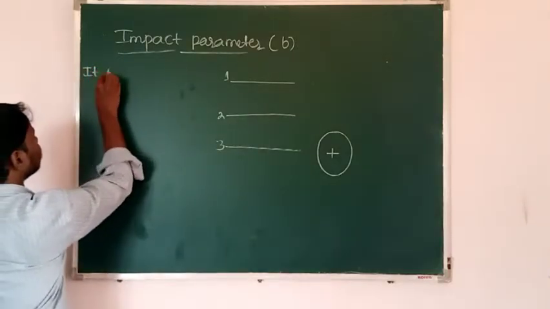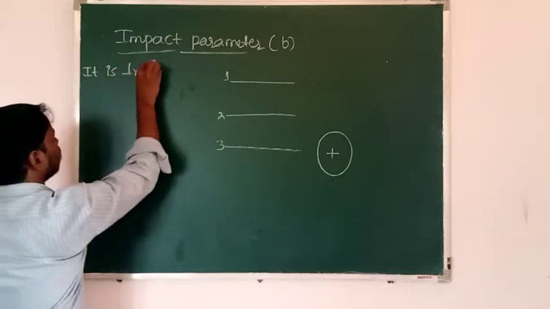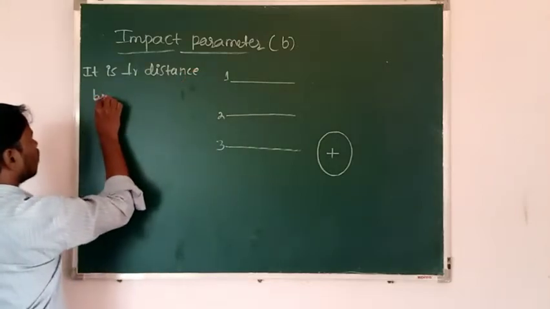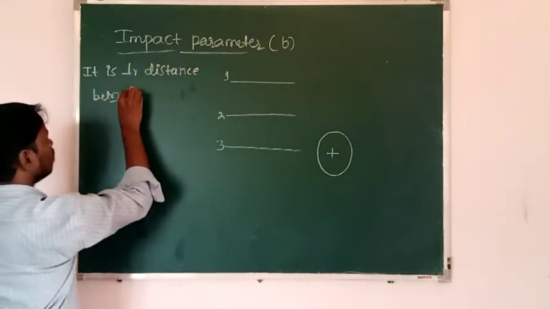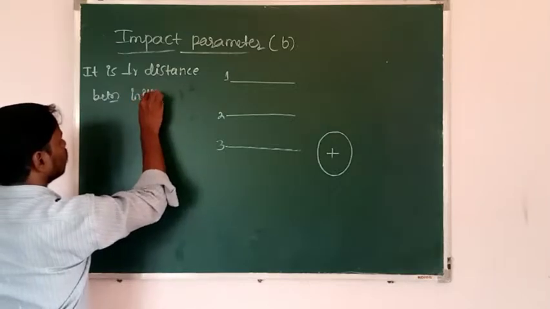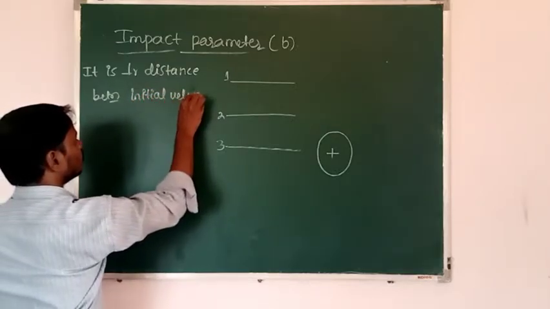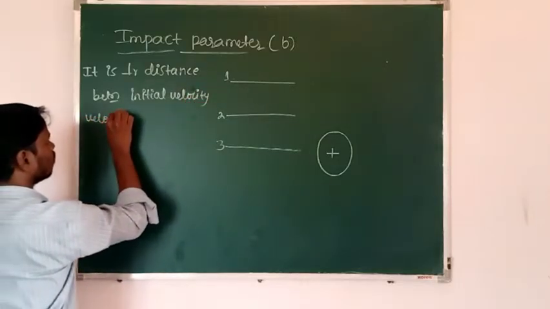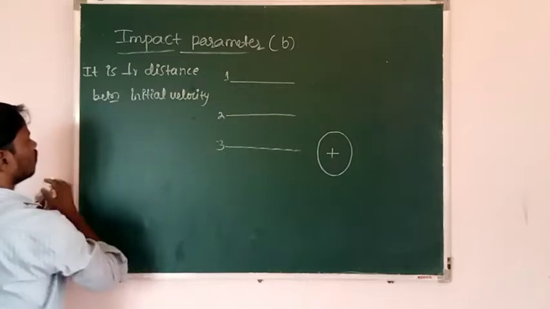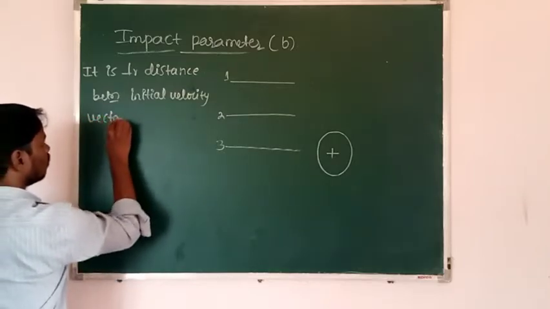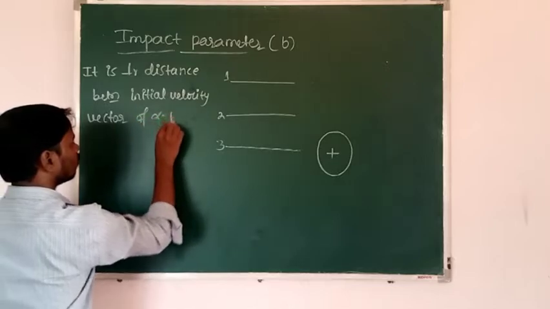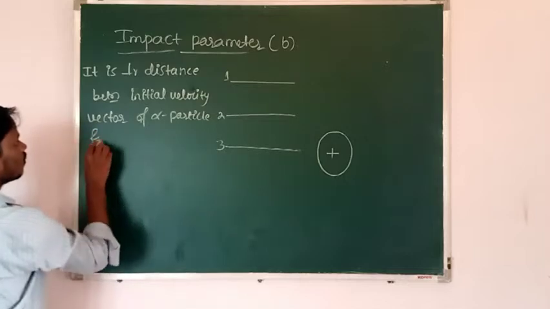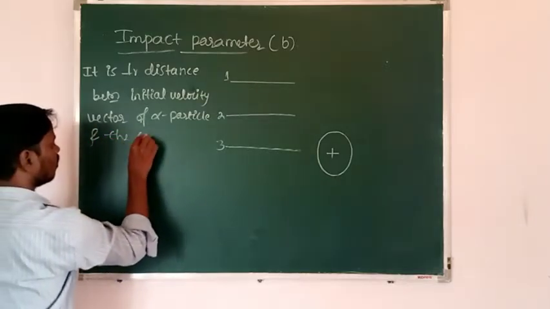It is the perpendicular distance between the initial velocity vector of the alpha particle and the center of the nucleus.